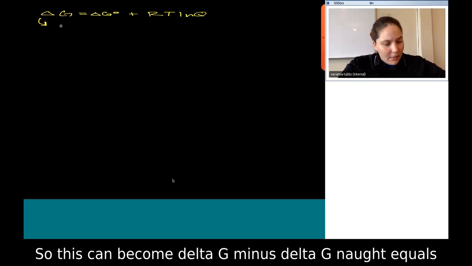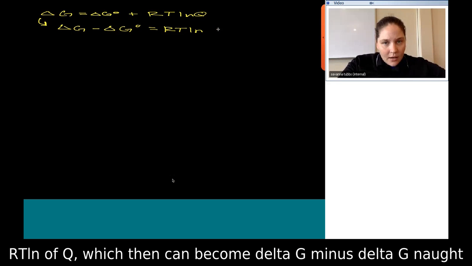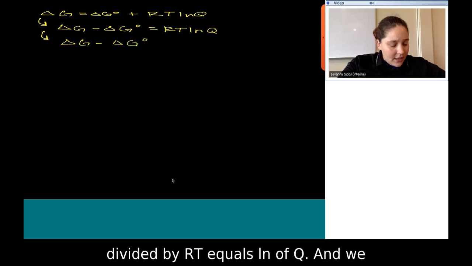So this can become delta G minus delta G naught equals RT ln of Q, which then can become delta G minus delta G naught divided by RT equals ln of Q. And we can keep it right there until we can get rid of our natural log.